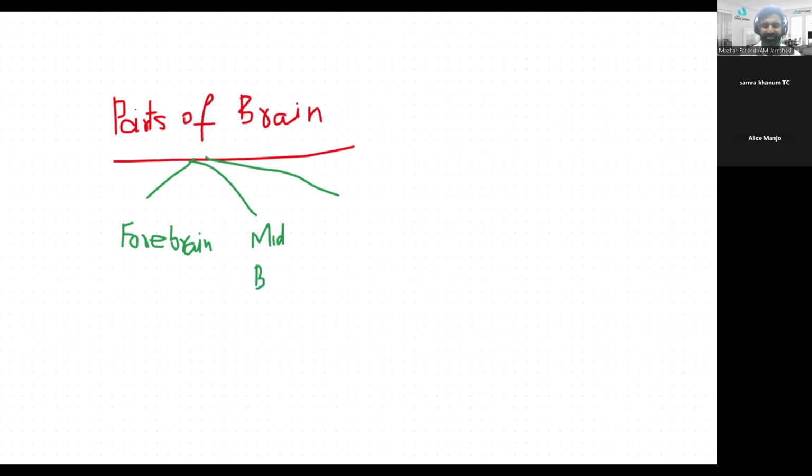The midbrain is the reduced part of the brain, a very short form, and the third one is the hindbrain. But the major portion of the brain which has good control of the body is the forebrain.